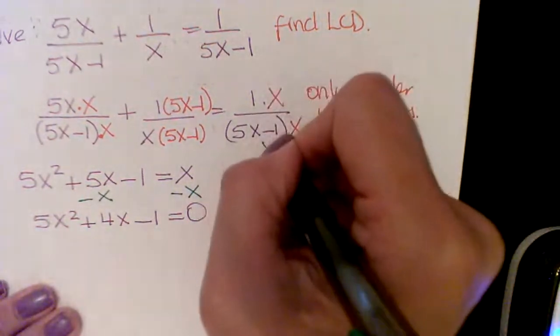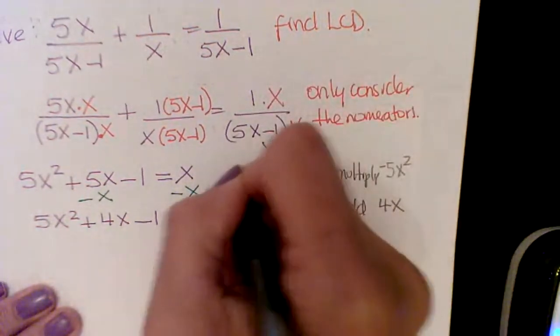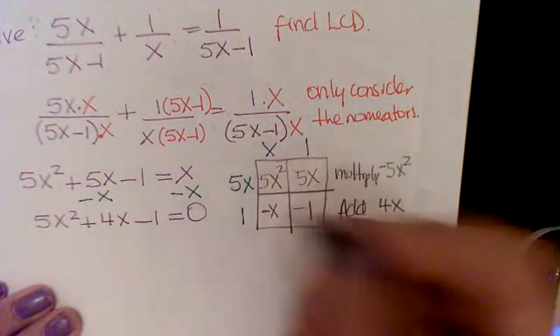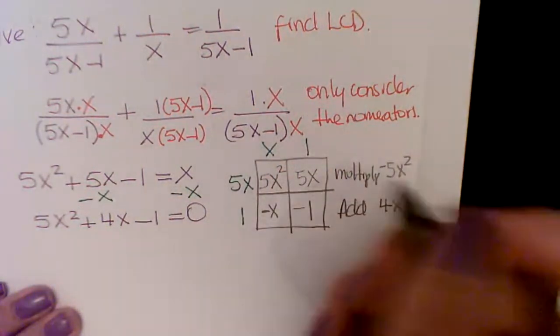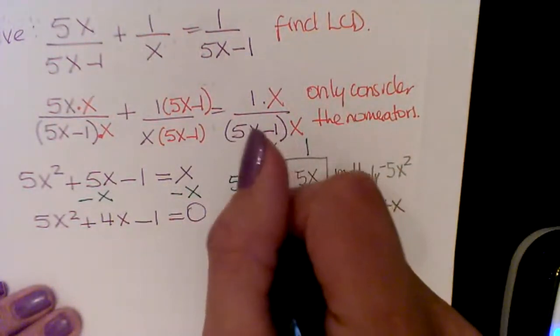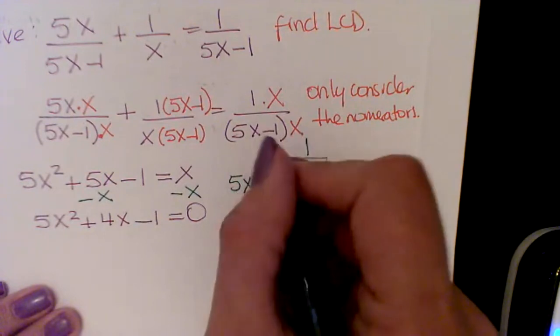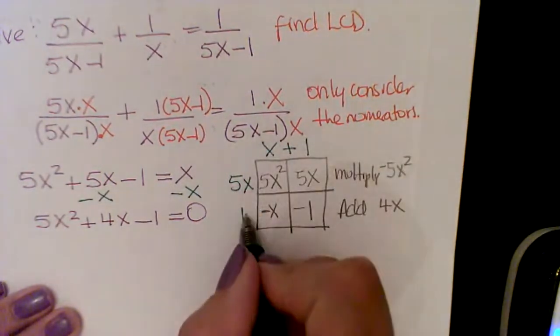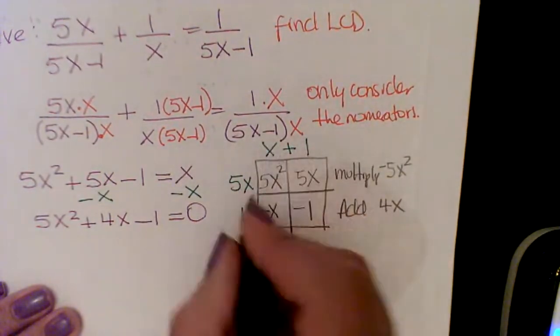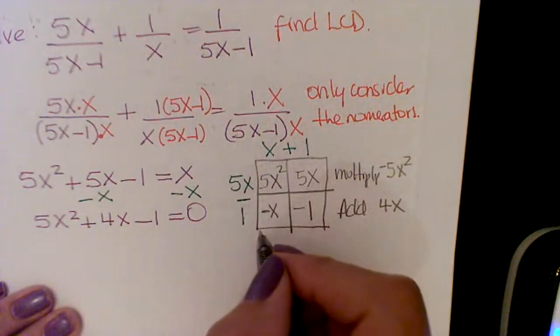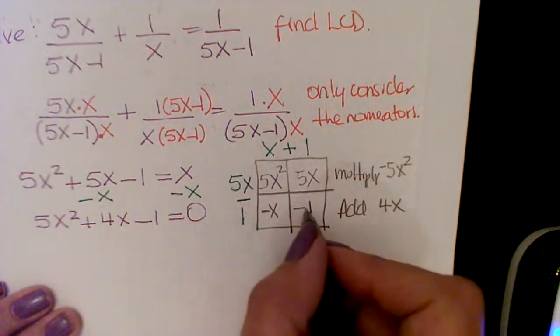And here's x, 1, 5x, and 1. All right. If I multiplied this one times x, then 1 needs to be negative.